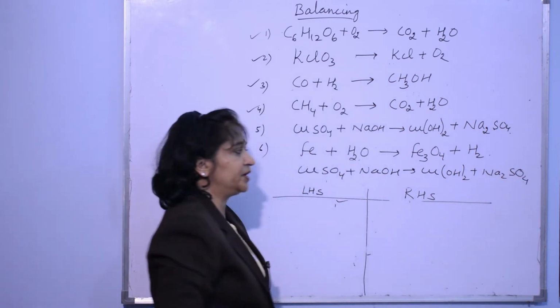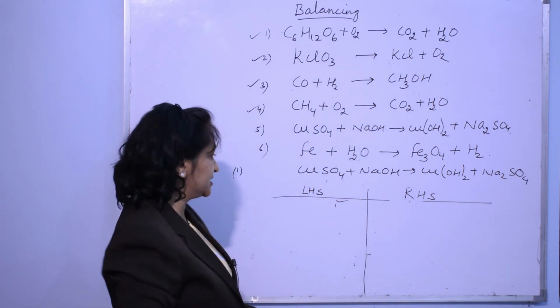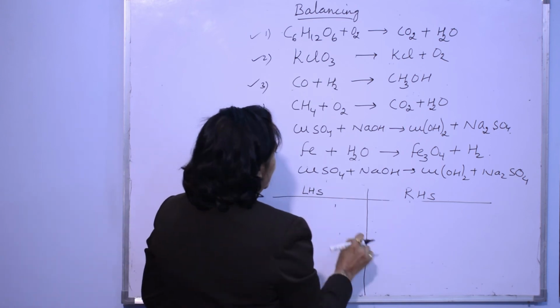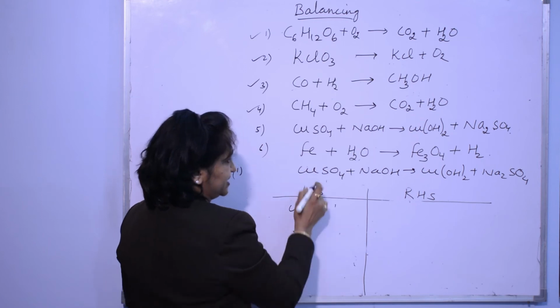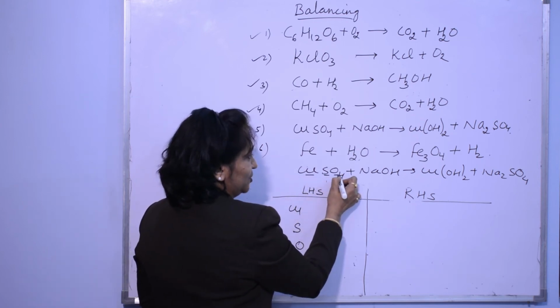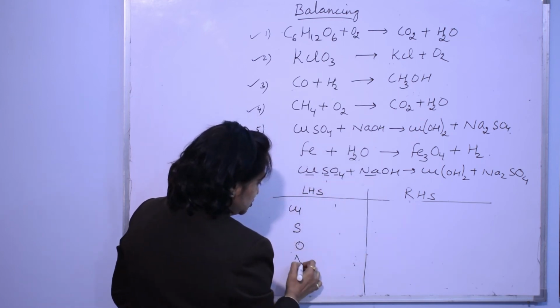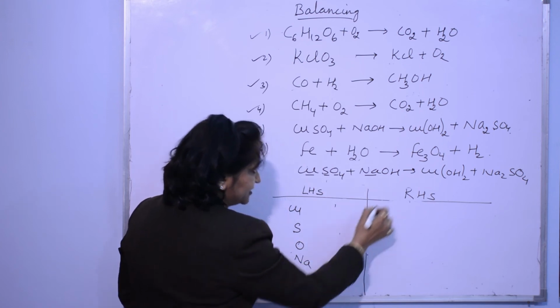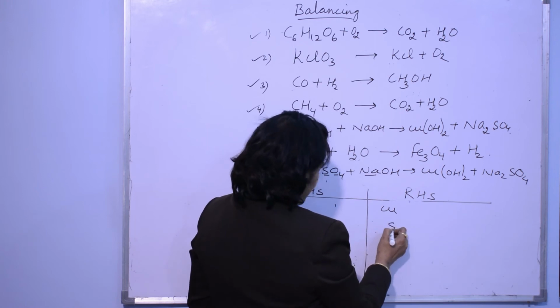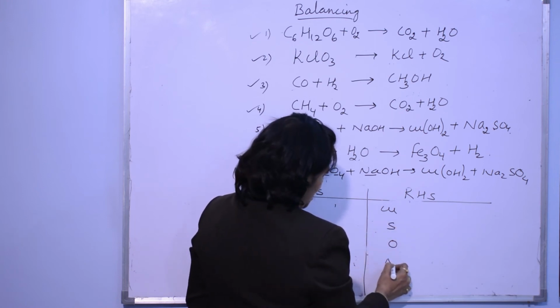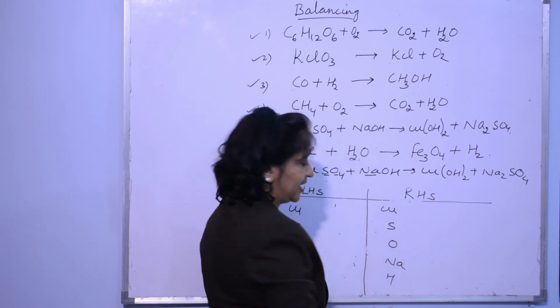It is forming cupric hydroxide and sodium sulfate. So you will see here, what do you have to do? Copper, sulfur, oxygen. Copper, sulfur, oxygen. Then it is sodium. Then one more atom is there, that is hydrogen. Similarly here, copper, sulfur, oxygen, sodium as well as hydrogen.